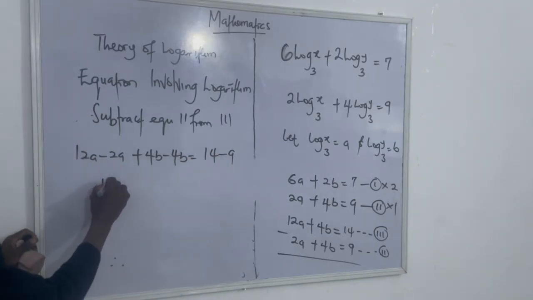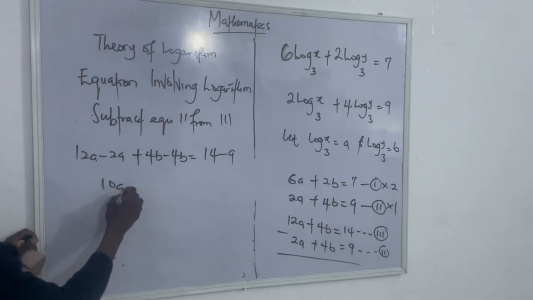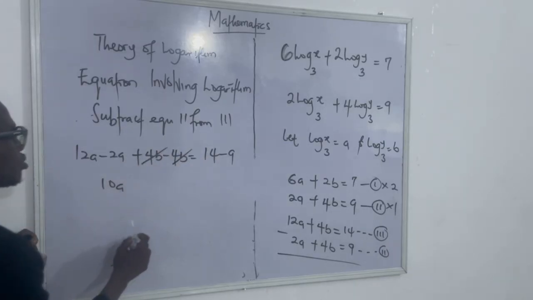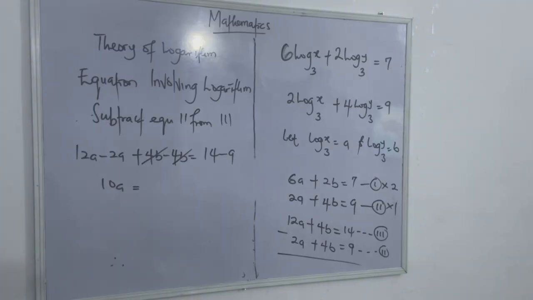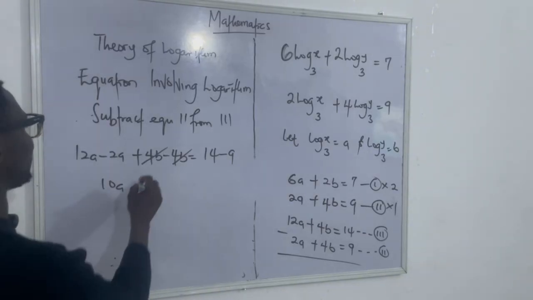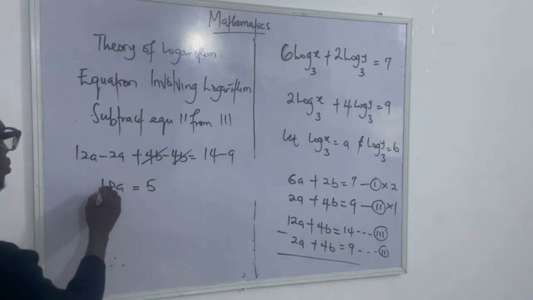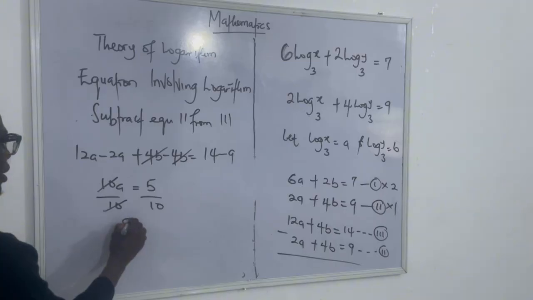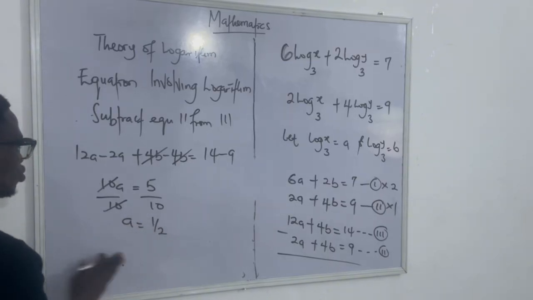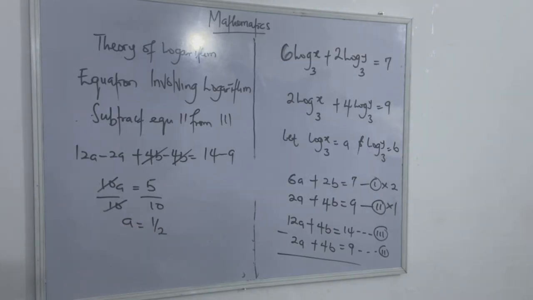So this is 10a, and the b cancels. So 14 minus 9, that's 5. So divide both sides by 10. So a equals 1 over 2. Now, a equals 1 over 2.